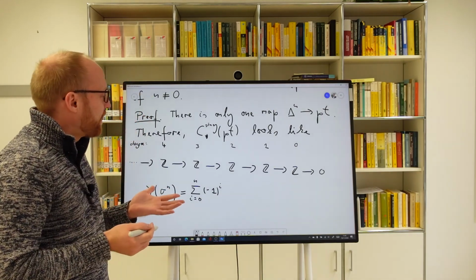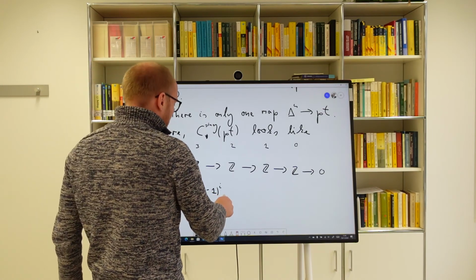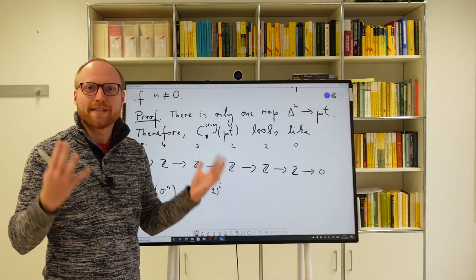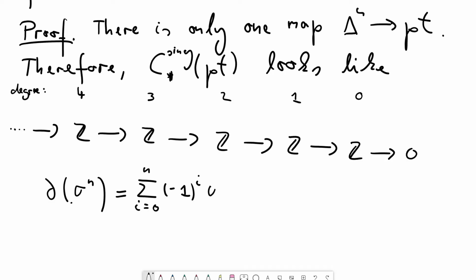But I don't even have to think about what comes out here, because I know that it's an n-1 simplex, and there is only one such n-1 simplex. It is this very only n-1 simplex.